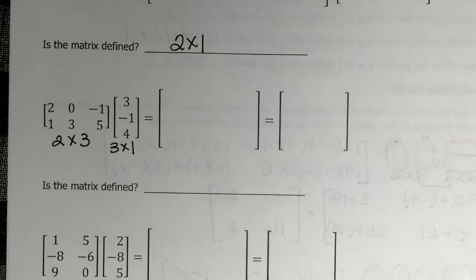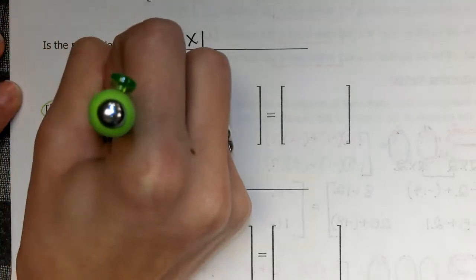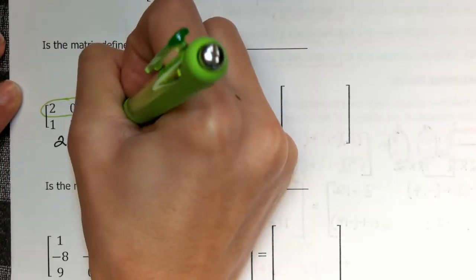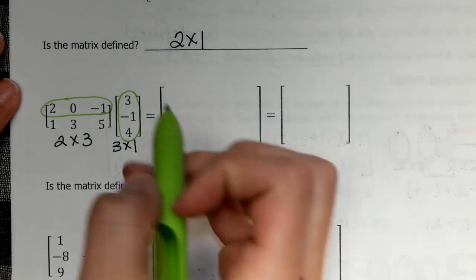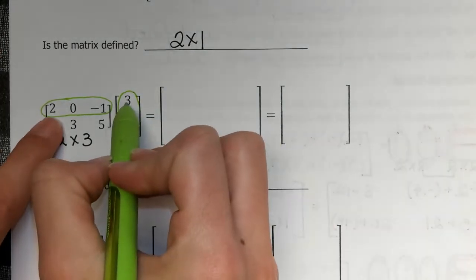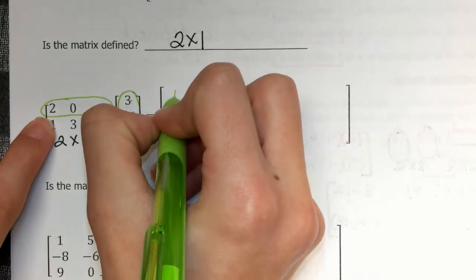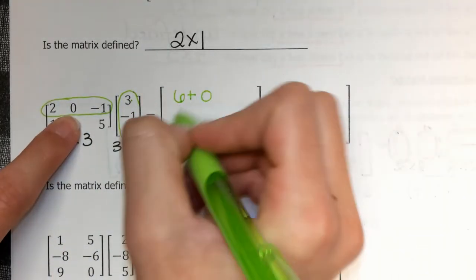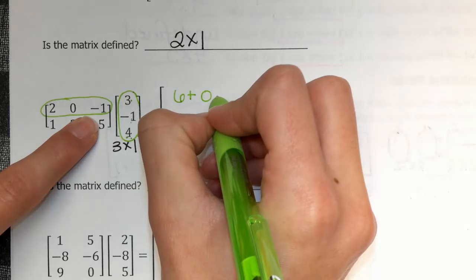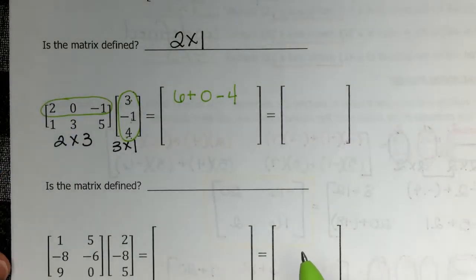Okay. So I've got first row, my only column. So I'm going to have to multiply all 3. Okay, so 2 times 3 is plus 0 times -1, and then -1 times 4. So what you did, but you're adding one more.